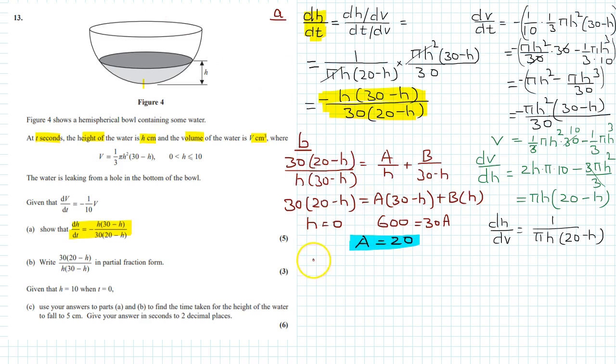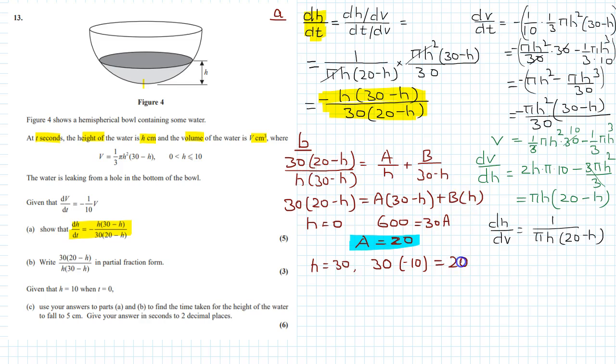And if I take h is equal to 30, so this is 30 minus 30 is 0, and this will be 30b.